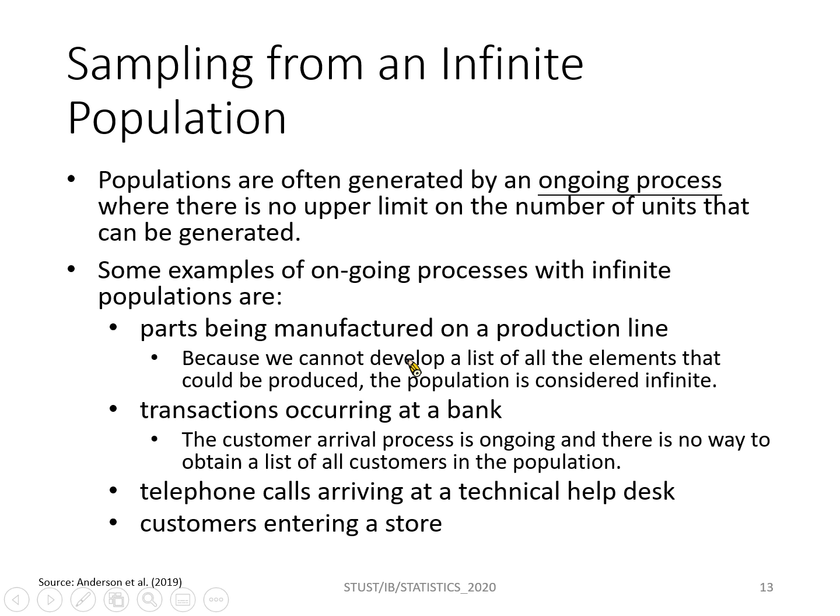The second is transactions occurring at a bank. For example, the customer arrival process is ongoing, and there is no way to obtain a list of all the customers in the population. Or telephone calls arriving at a technical help desk, or customers entering a store.